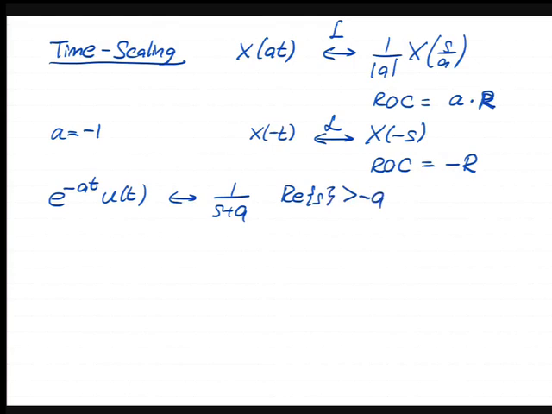So if I apply this, x of t is this, now x of negative t is e to the at u of negative t, right? And according to this result, that's just going to give us a Laplace transform which is 1 over negative s plus a. And what happens to the region of convergence?